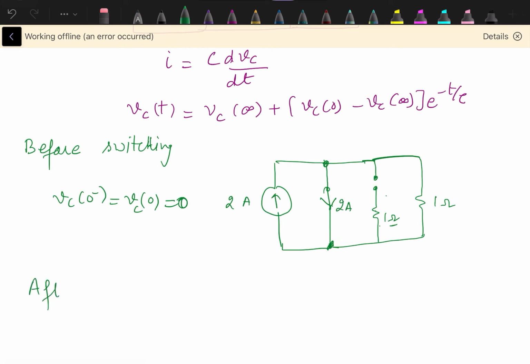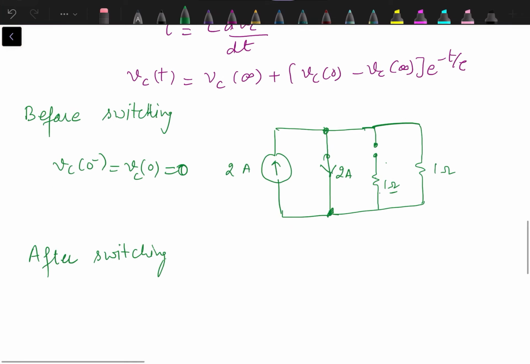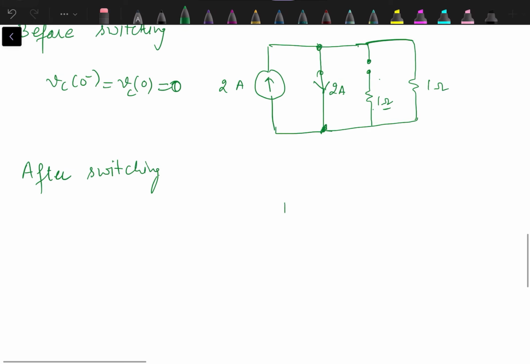And then we have the after switching case. Now in after switching, the switch is opened.